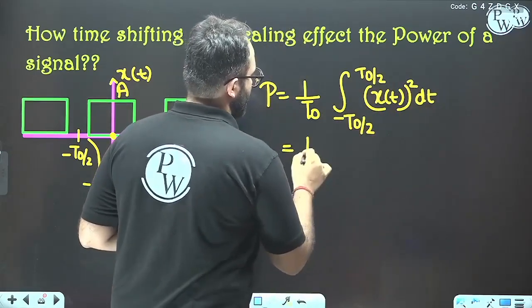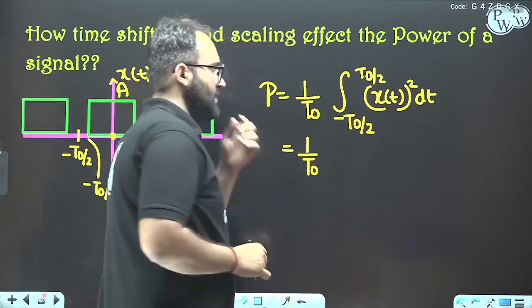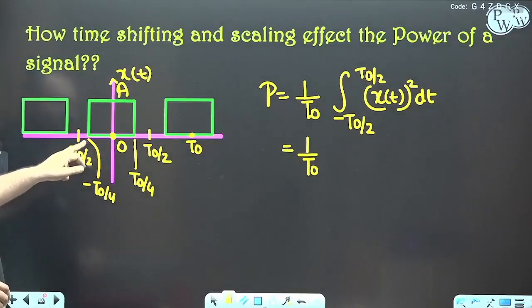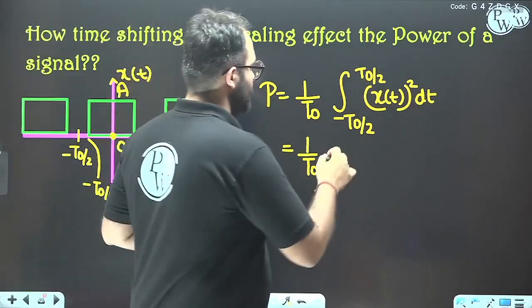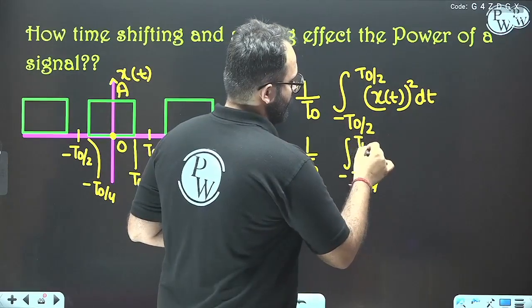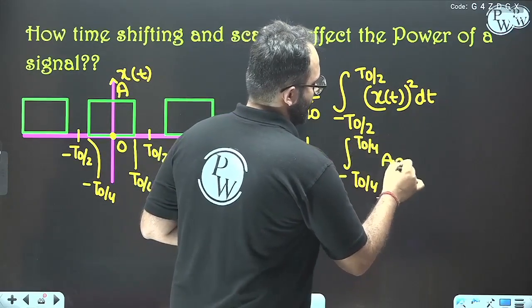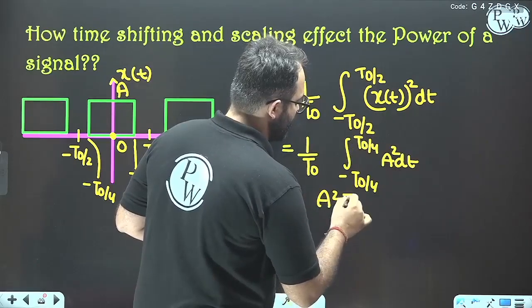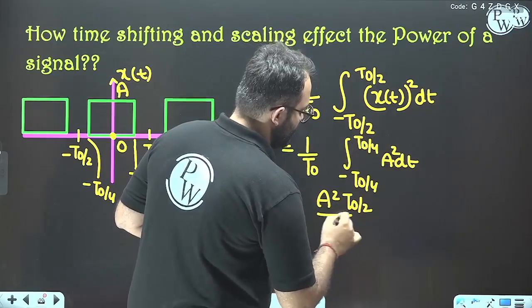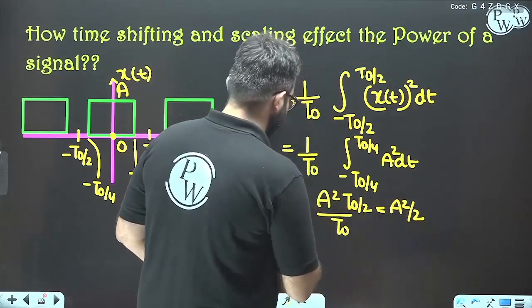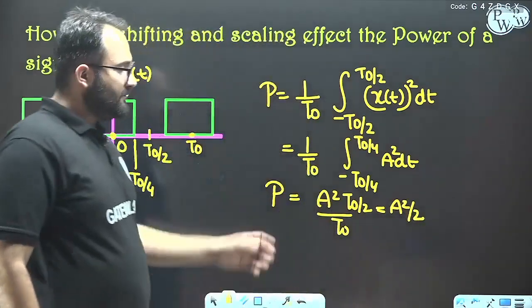This is 1 upon T naught. x(t) is A from minus T naught by 4 to T naught by 4, otherwise it is 0. So this will come out to be A square T naught by 2 divided by T naught, and thus it will come out to be A square by 2. This is the power.